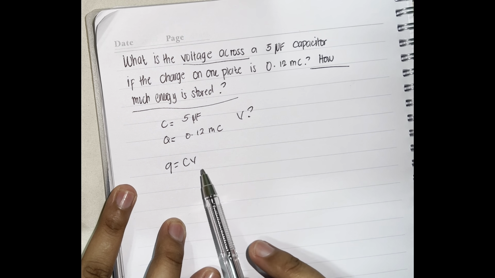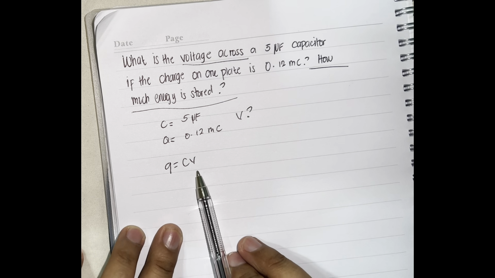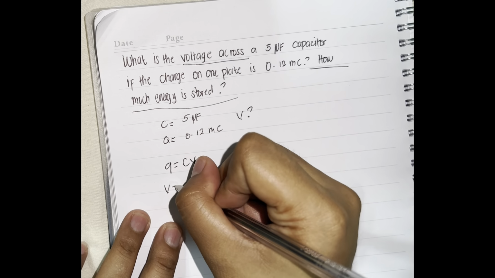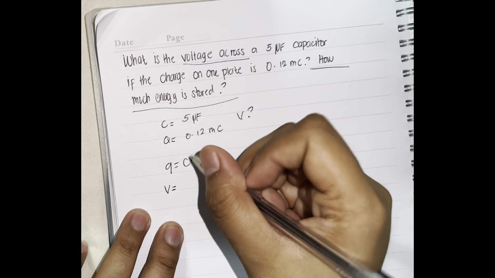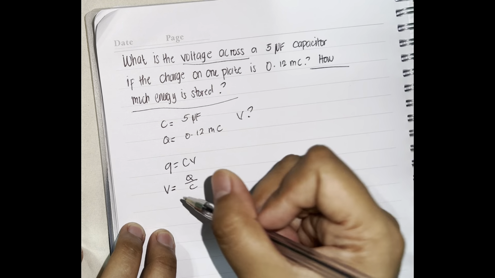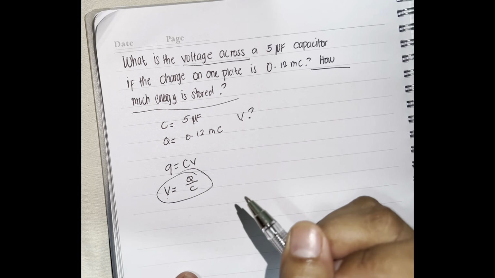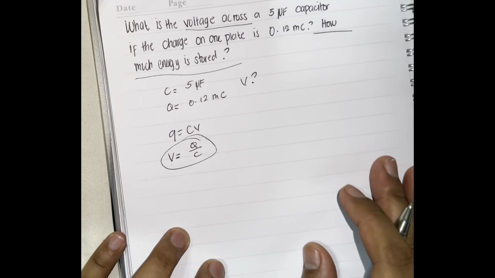Since we are looking for the voltage, we manipulate the formula into this: V is equal to Q over C. So, we are going to use this formula.